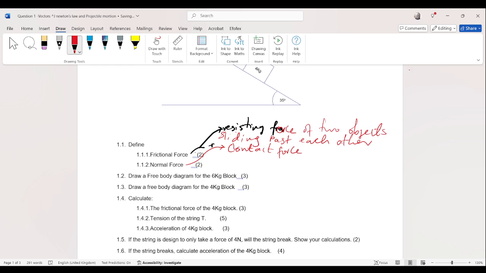Force that is exerted by the surface on an object resting on the surface.